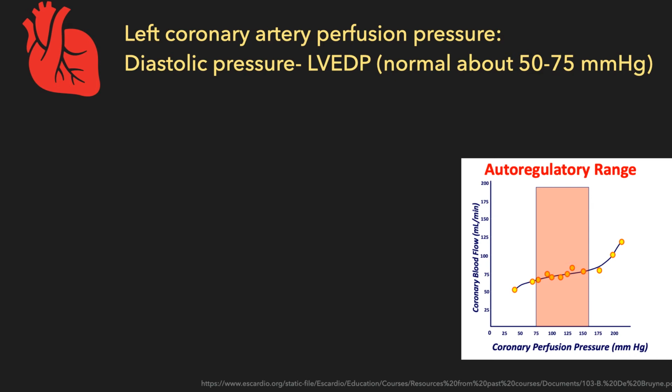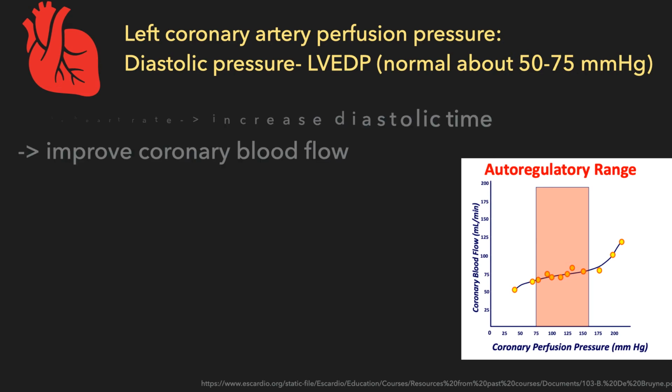Okay, talking about the heart, the left coronary artery perfusion pressure is around 50 to 75, and the calculation is the diastolic pressure minus your LVEDP. It's really not about the real number, but I want to bring out the concept about a patient with acute ischemia of the heart. Let's say you have acute coronary syndrome without cardiogenic shock.